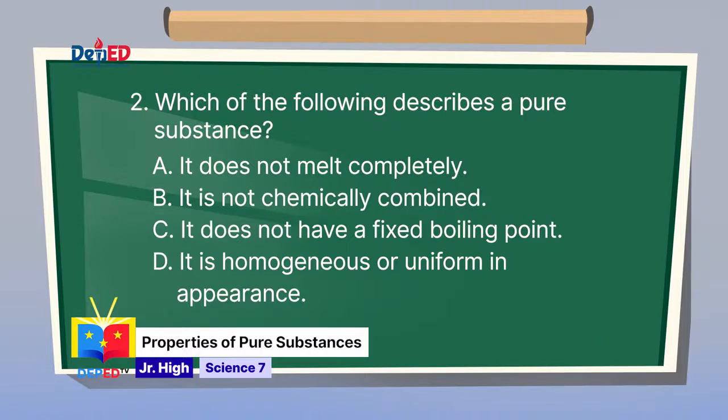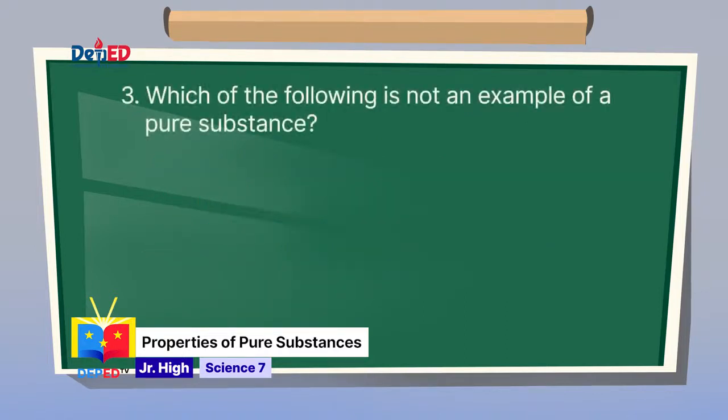A pure substance is homogeneous or uniform in appearance that has a fixed boiling point and melts completely. In the given choices, the correct answer is letter D. Number 3. Which of the following is not an example of a pure substance? A. Hydrogen. B. Aluminum.